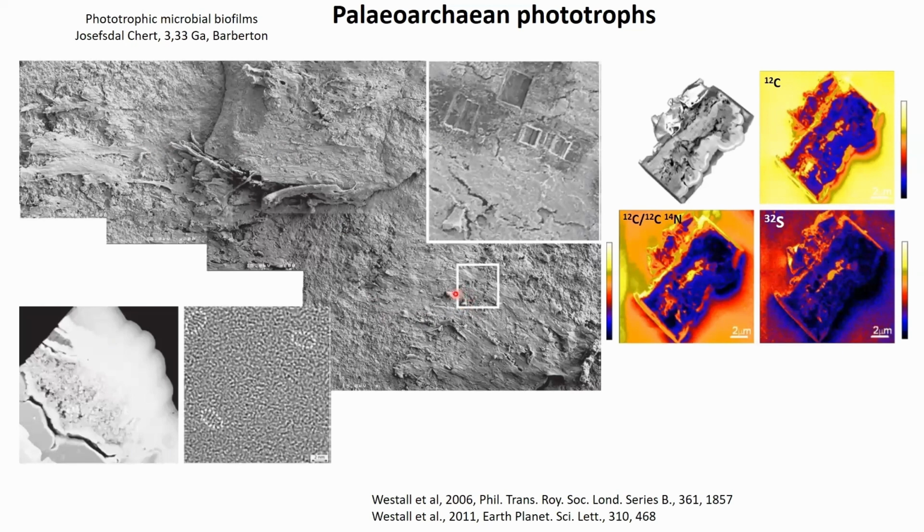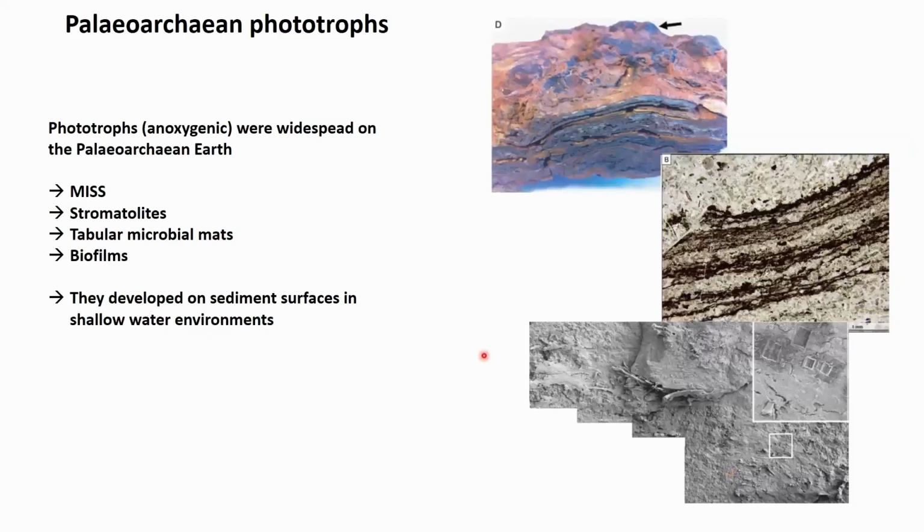But it's so well preserved that we can take sections through it, study it as a modern microbial mat, look at the composition, the isotopic composition, distribution of light essential elements such as carbon, sulfur, and nitrogen, look at the structure and the composition of the organic matter to give us some information as to exactly its biogenicity, basically.